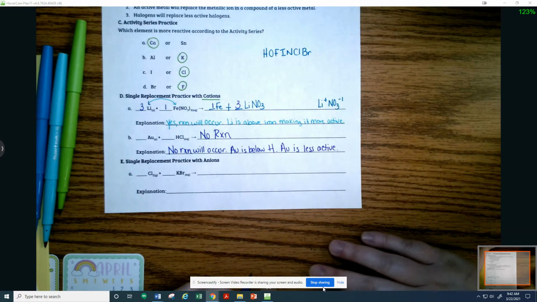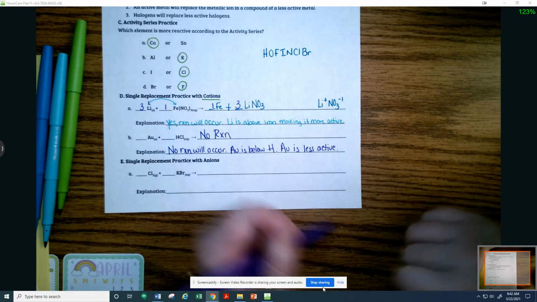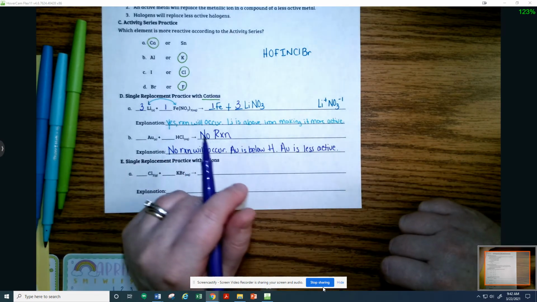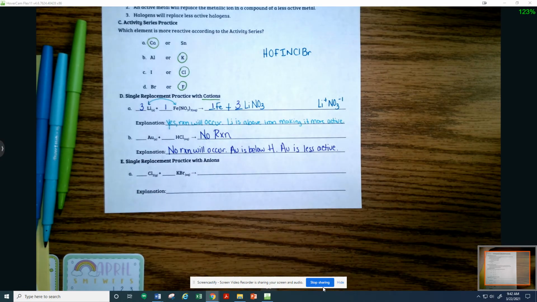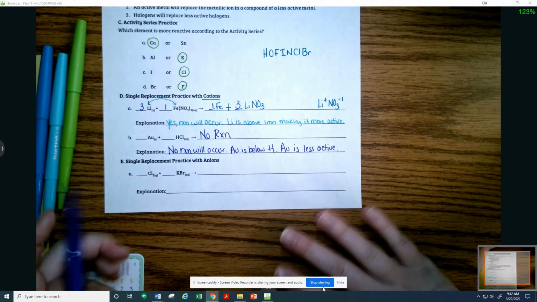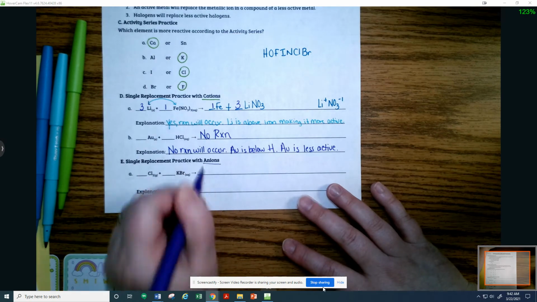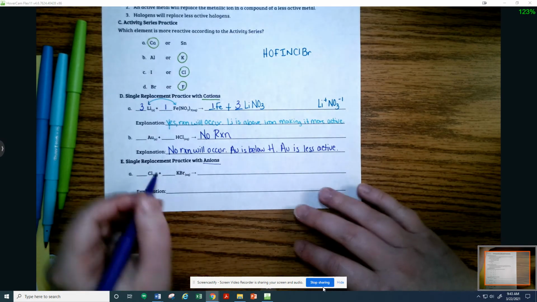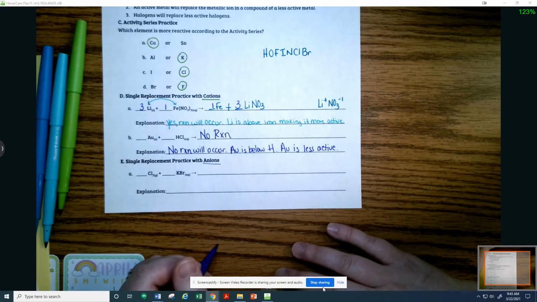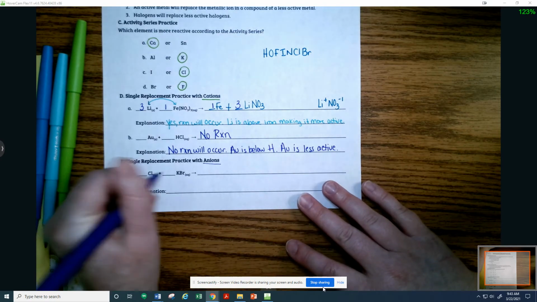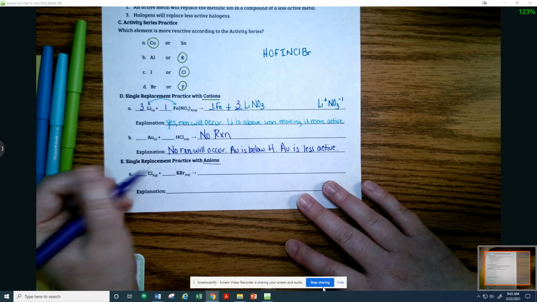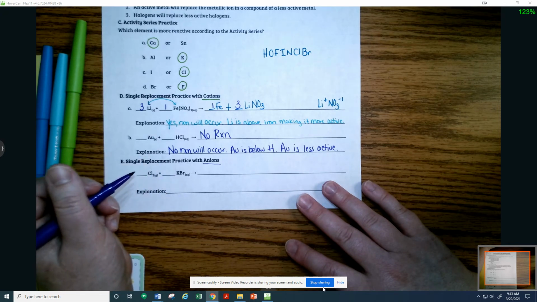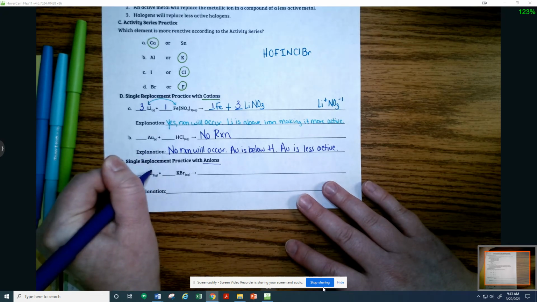Okay, so again, you didn't have to go through all these steps to then go back and say it's not even going to take place. That's why you need to use your activity series first. Now the next section is the same premise, but we're going to use anions. The reason why I know that they're anions is chlorine is a nonmetal. So what I need to look for is what nonmetal it is going to try to replace. Well, potassium is listed first, therefore that's my cation, so bromine is my anion.